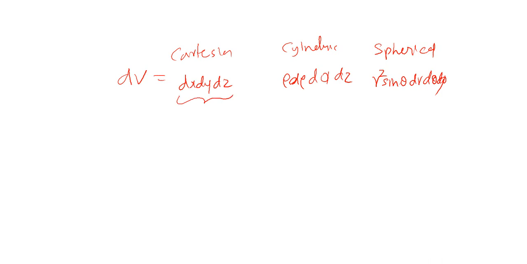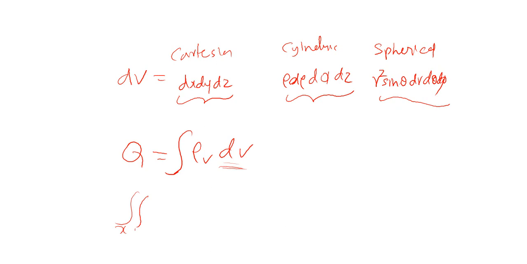So why is this required? We have to calculate the value of Q, which is nothing but the integral of rho v dv. So this is a triple integral. In the case of Cartesian, it will be integral over x, integral over y, integral over z, rho v into dz, because I am writing dz first, then dy, then dx.